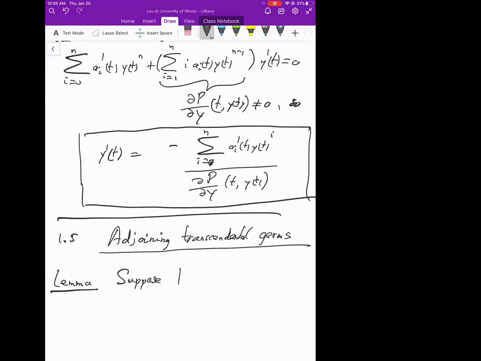So suppose H is real closed. I'm still working with my given Hausdorff field, capital H, and y in C is such that for all h in H, the difference y minus h is a unit.